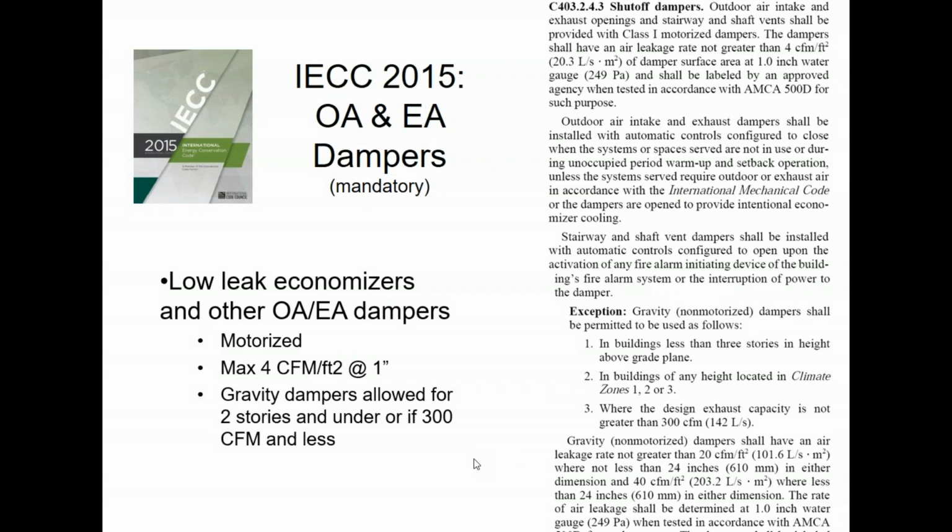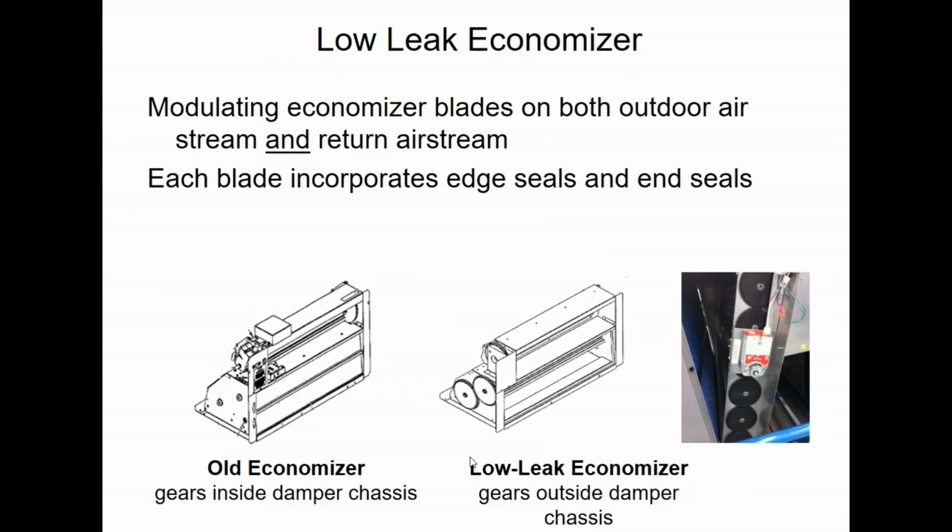So what does that physically look like in the field? That means when you buy a low leak damper from your damper supplier, Ruskin, Carrier, whoever it is, you're going to have edge seals and end seals on the blades. That kind of was obvious. And then the gears, which historically have been internal to the airstream, will now be moved out of the airstream. And it'll look like the picture on the right there.